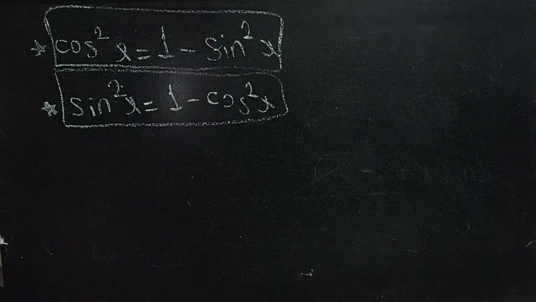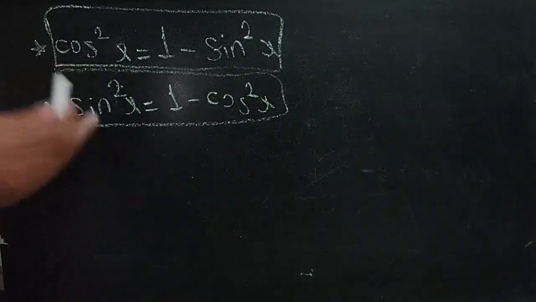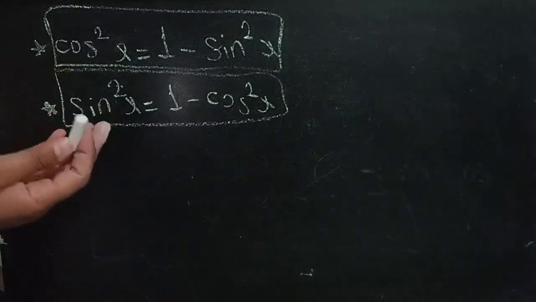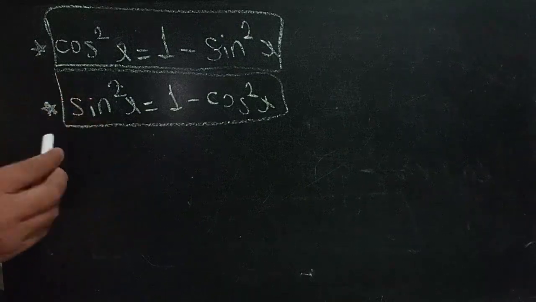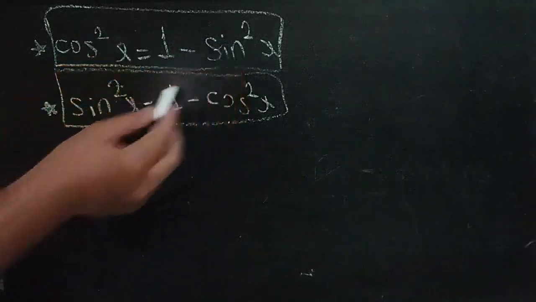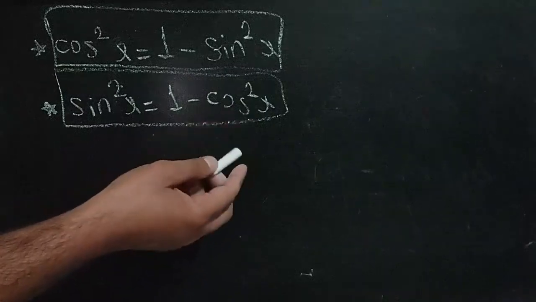Alright, my last proof for this lesson is that for both of them will be the same proof. That's why I said last proof. There won't be 2 proofs indeed, because they are going to come from the same place, right? So cosinus x square equals to 1 minus sinus x square. Sinus x square equals to 1 minus cosinus x square.